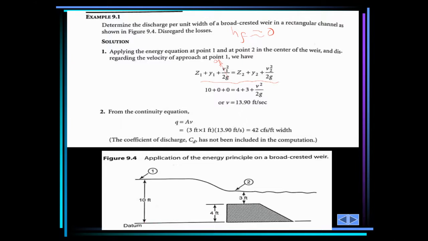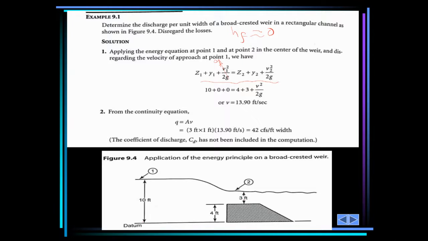At this point, this is the datum, so Z1 is equal to 0, and Y, the depth of flow in this case, is equal to 10. But at the second section, Z2 is not equal to 0, it's equal to 4, and the depth of flow is equal to 3.